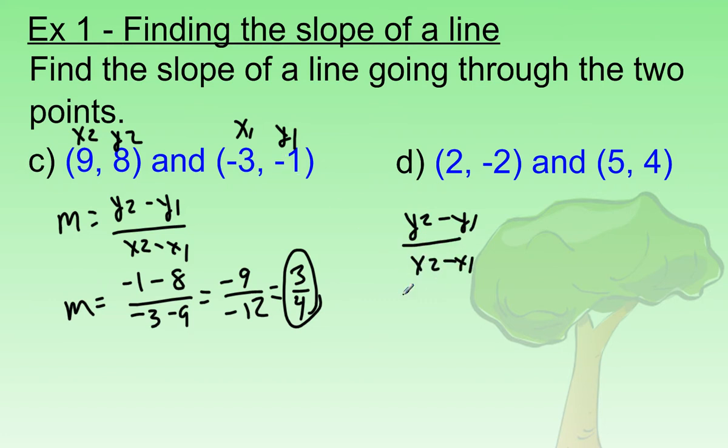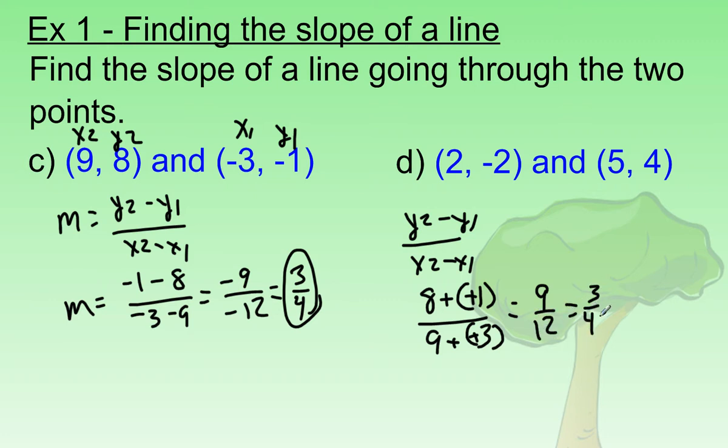So if I plug in the points from here, y2 is now 8 minus negative 1 and 9 minus negative 3. 8 minus negative 1 becomes a positive 9. 9 minus negative 3, keep flip change, becomes a positive 12 and simplifies down to 3/4. So we got the same answer both ways. But typically, I just use, this is the first point, this is the second point. It helps out.